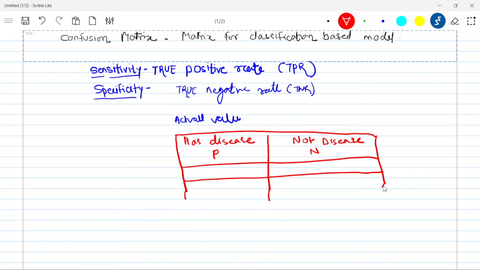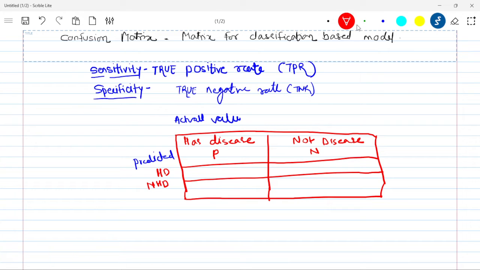This is actual and this is the predicted one. Similarly here also we have person has disease and person doesn't have disease.